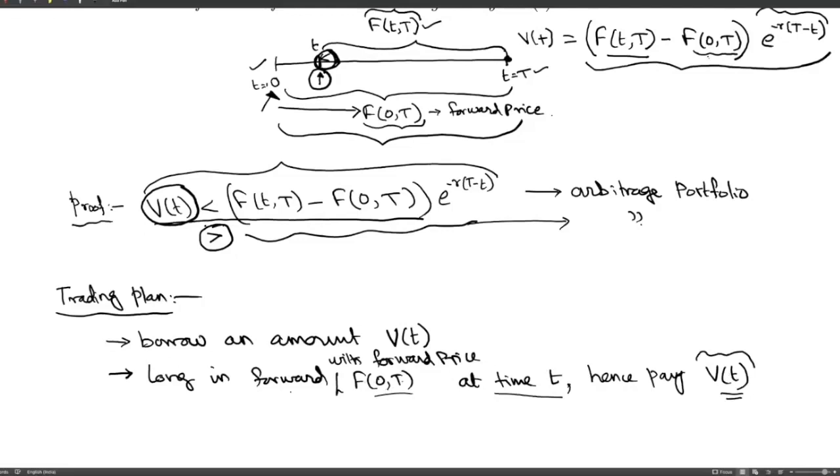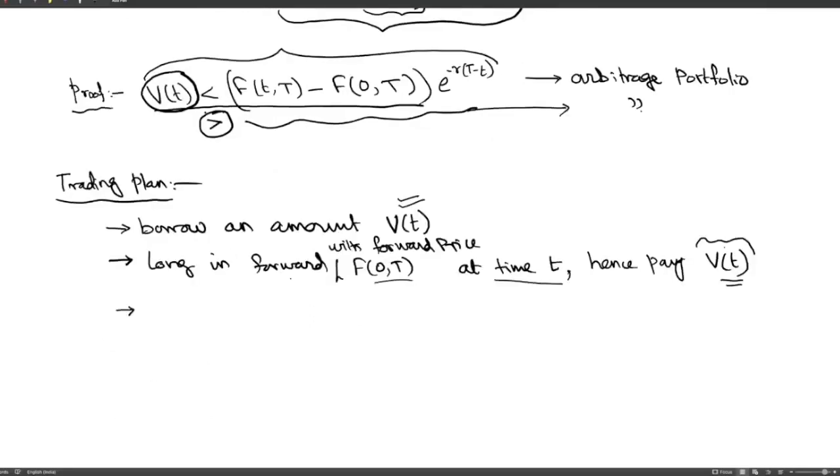That is, your friend will pay and get the contract from you, and your friend will borrow money, pay it to you, and get this contract at time t. At time t equal to 0, one doesn't need to pay, as per the rules of forwards.